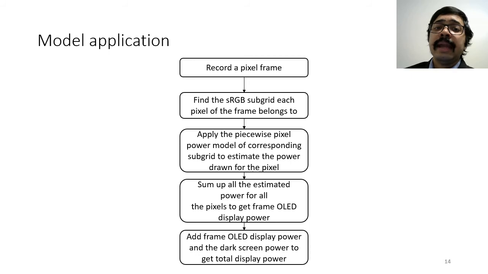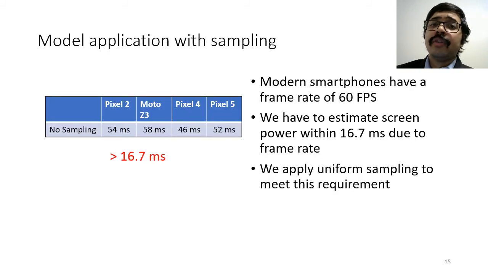Then we want to make the model work in real time. The modern smartphone screen operates at a frame rate of 60 frames per second, which means that we should calculate the screen power well within 16.7 milliseconds for the model to work satisfactorily in real time. As we see from the table, this takes much longer than 16.7 milliseconds to estimate the display power.